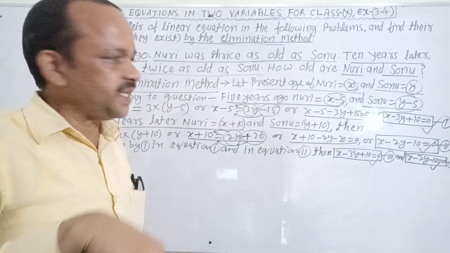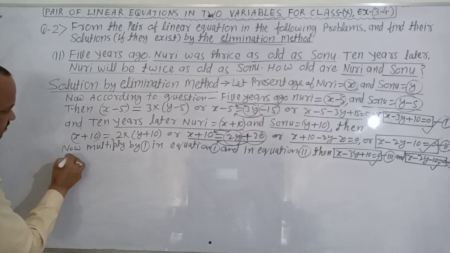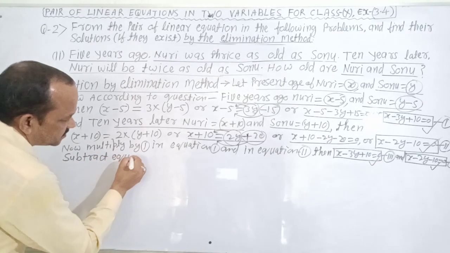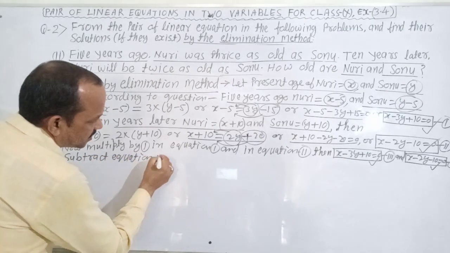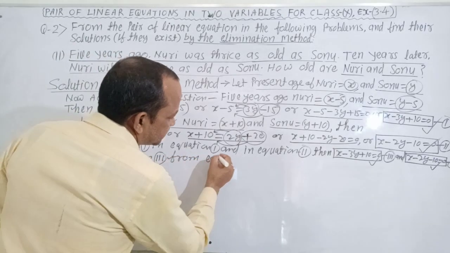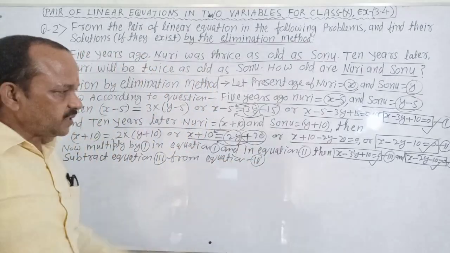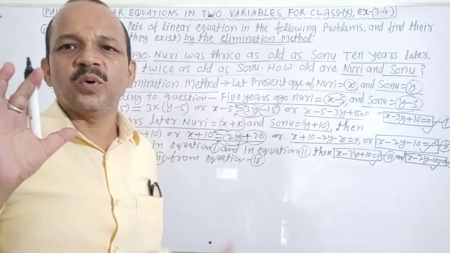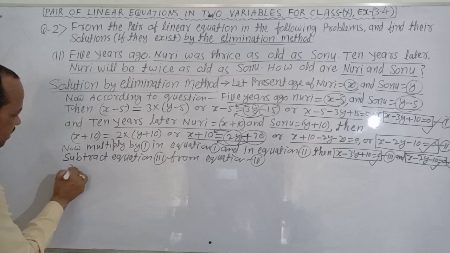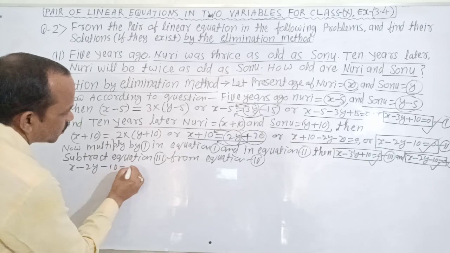Now you subtract equation third from equation 4. Clear? Equation 4 is x minus 2y minus 10 equal to 0.